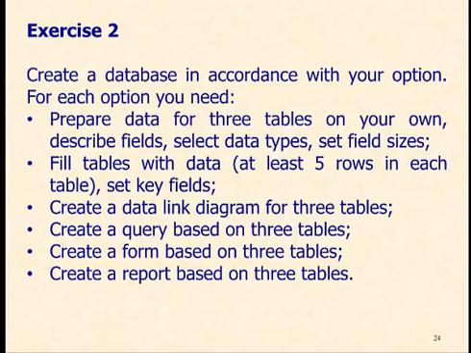Fill tables with data, at least 5 rows in each table, and set key fields. You need to create a data link diagram for 3 tables. You need to create a query based on 3 tables and create a form based on 3 tables. And you need to create a report based on 3 tables.